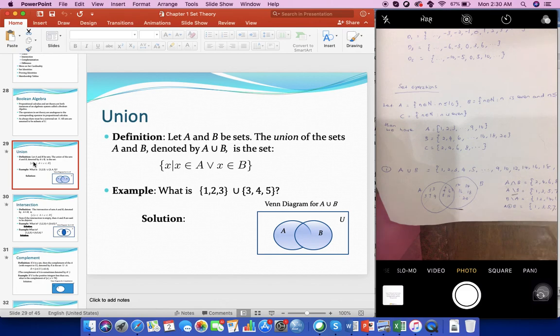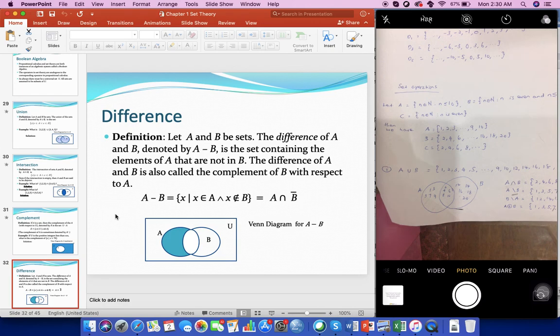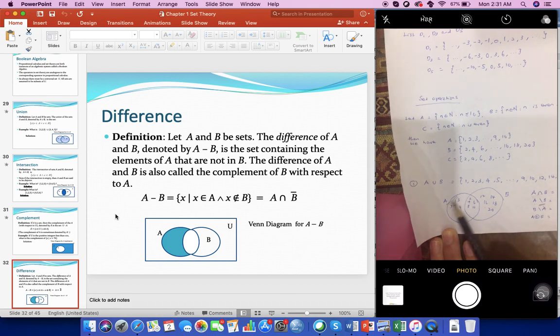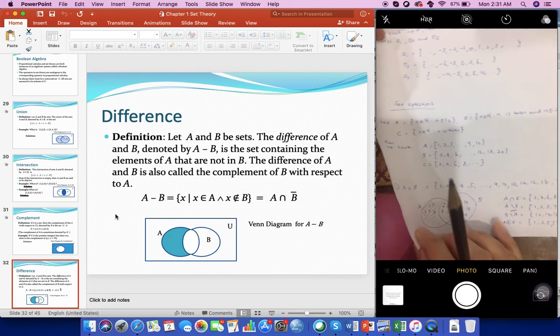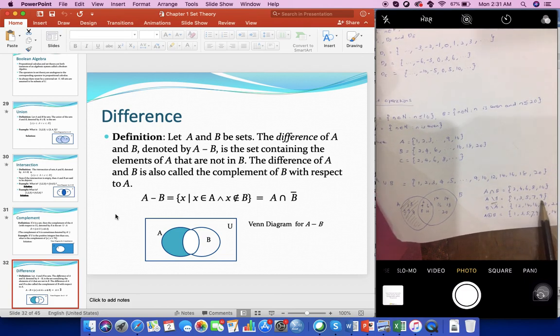Difference here, when you see your slides, means it is contained in A but not in B. So A difference with B, when you look at your Venn diagram, is here only, contained in A but not in B. So that's why A difference with B is 1, 3, 5, 7, 9 only.